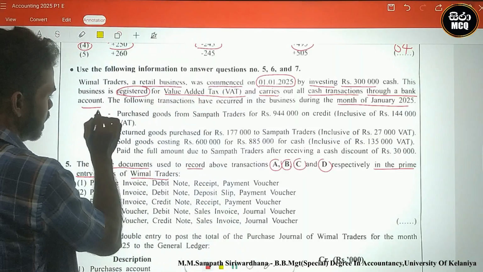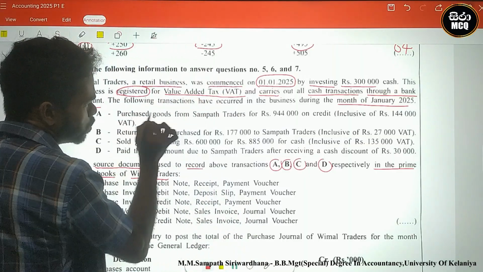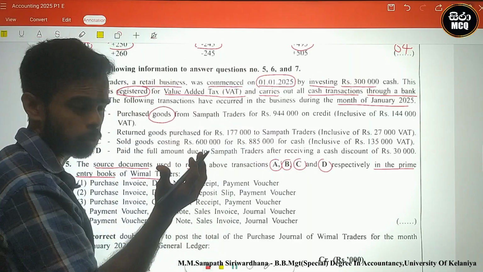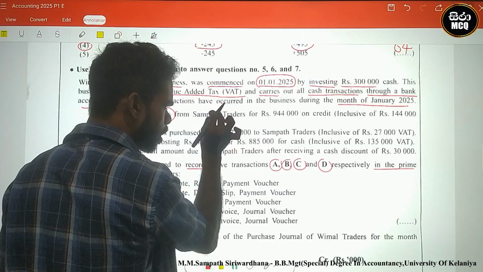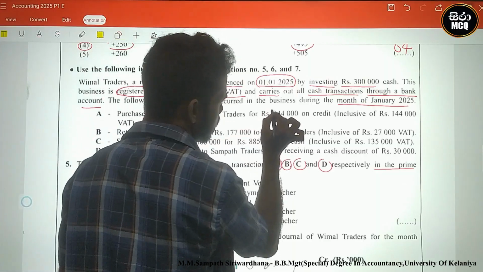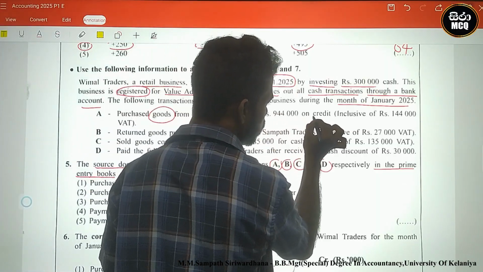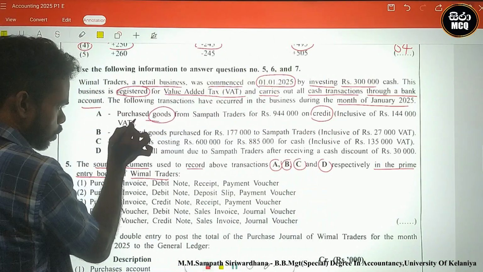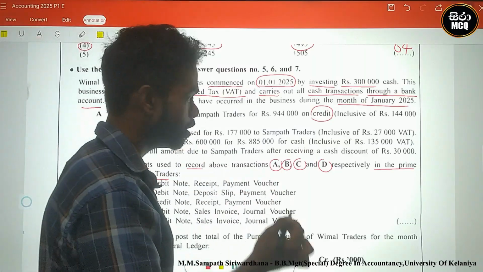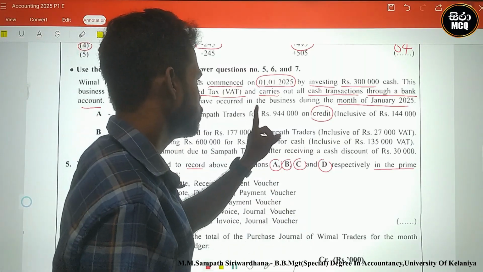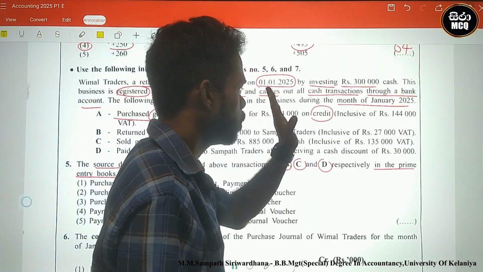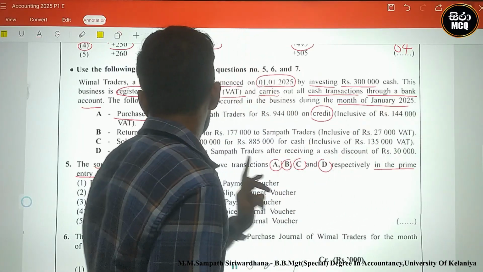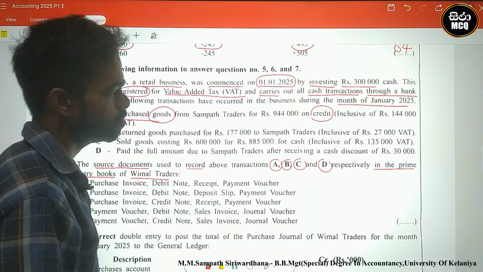First one, A: purchased goods from Sampath Traders for 944,000 on credit, inclusive of 144,000 VAT.